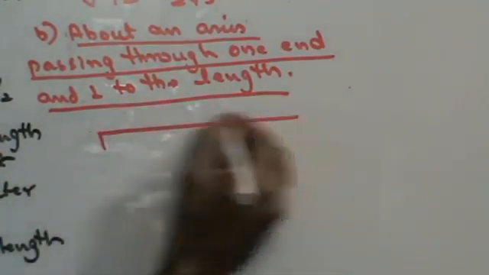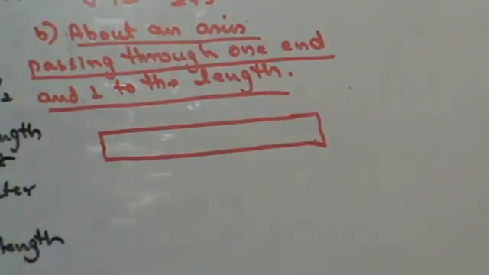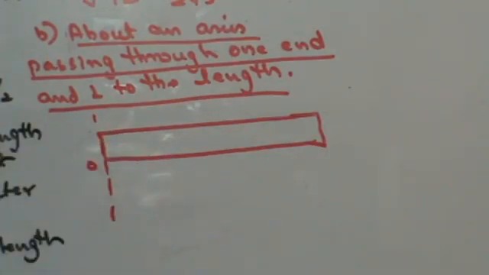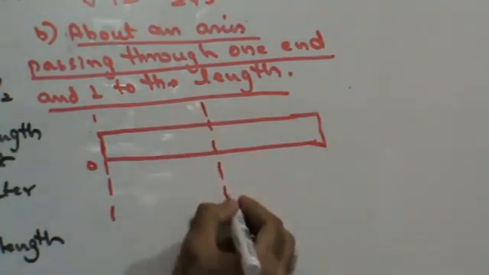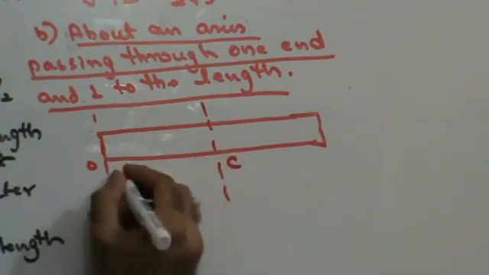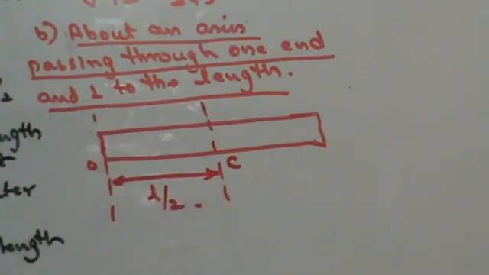This is my rod. I want to find out the moment of inertia about point O, which is passing through one end and perpendicular to the rod. I already know the moment of inertia about an axis passing through the center and perpendicular to the rod. We also know that the distance between point O and point C is L by 2 because C is the center of the rod, right?